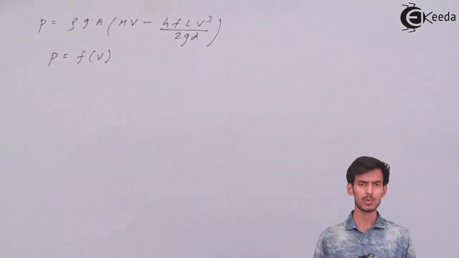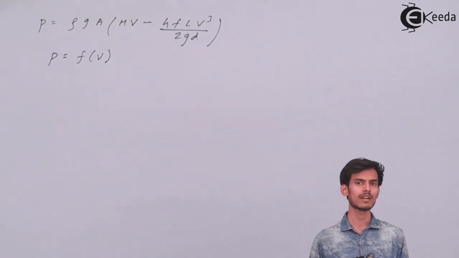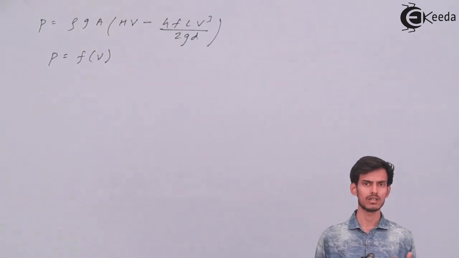You have to differentiate this equation with respect to velocity and equate it to zero, because we know that for maximization or minimization, the derivative has to be taken and it has to be put to zero.